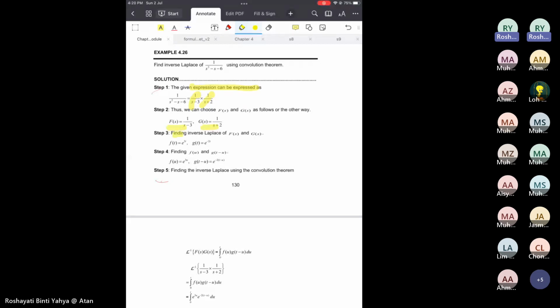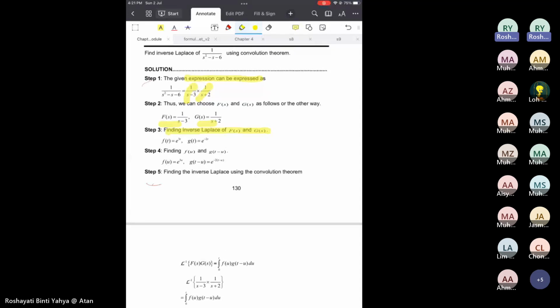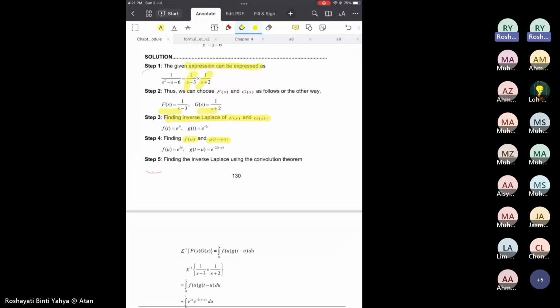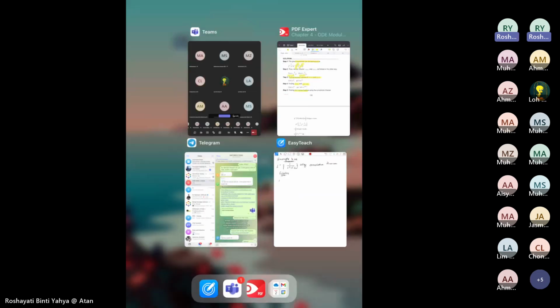After that, find the inverse Laplace transform of the functions. After that, now you need to change to f(u) and g(t minus u). And then the last one, find the inverse Laplace transform.